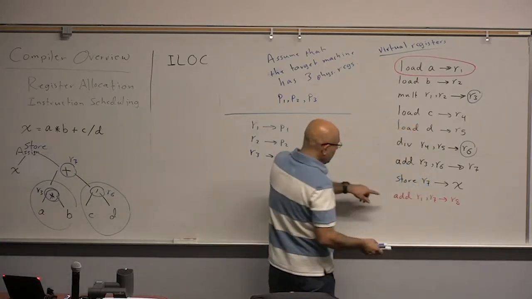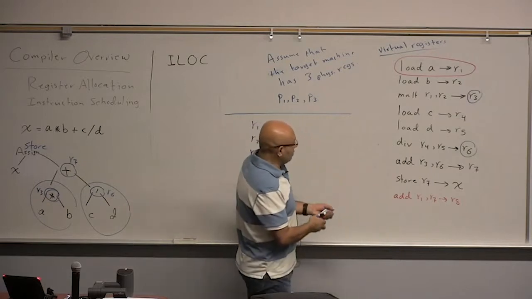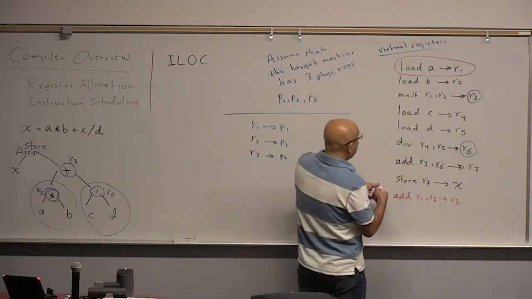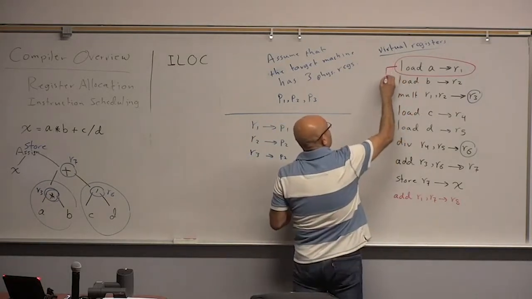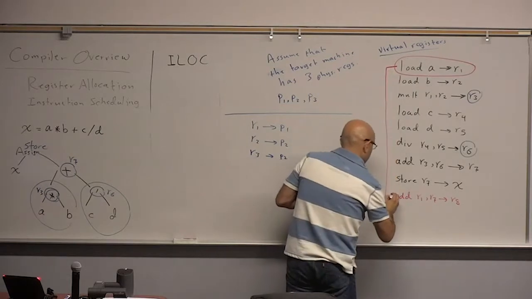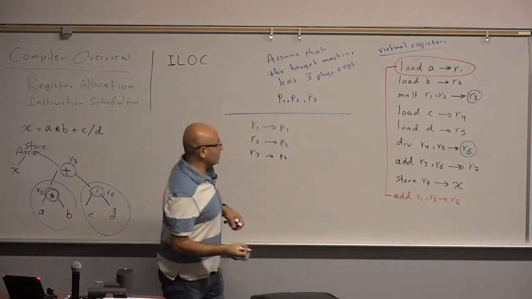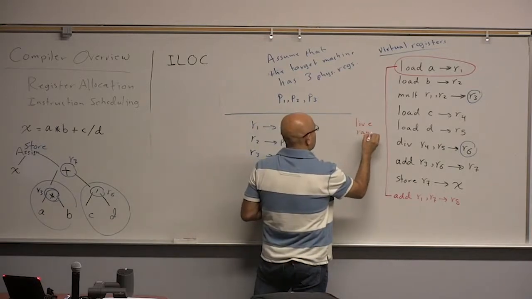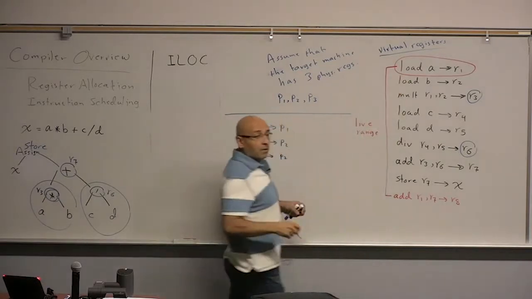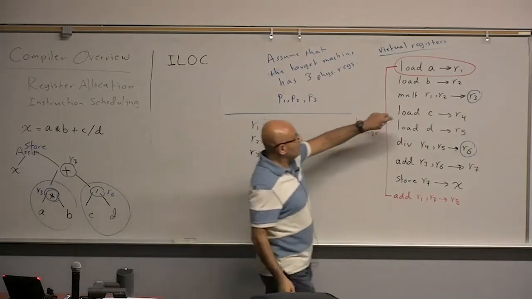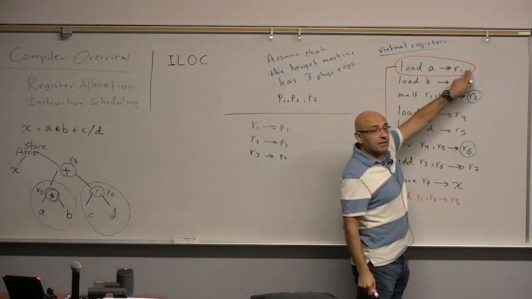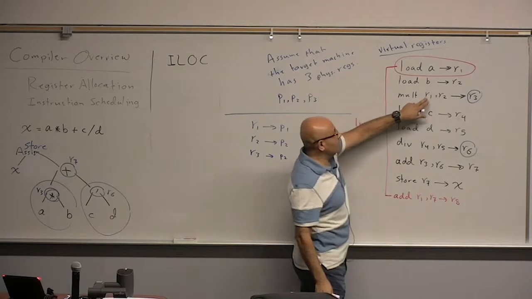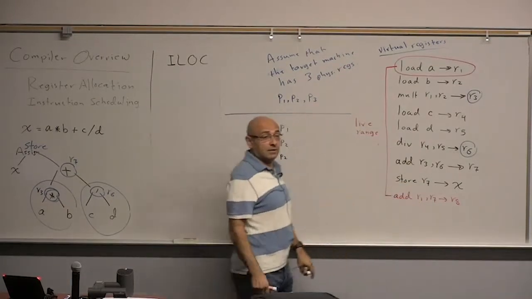So if we had an instruction like this, then we would say that the live range of register R1 is going to be this much. So this is what we call the live range of register R1. Register R1 got defined here, and it got used here and here.